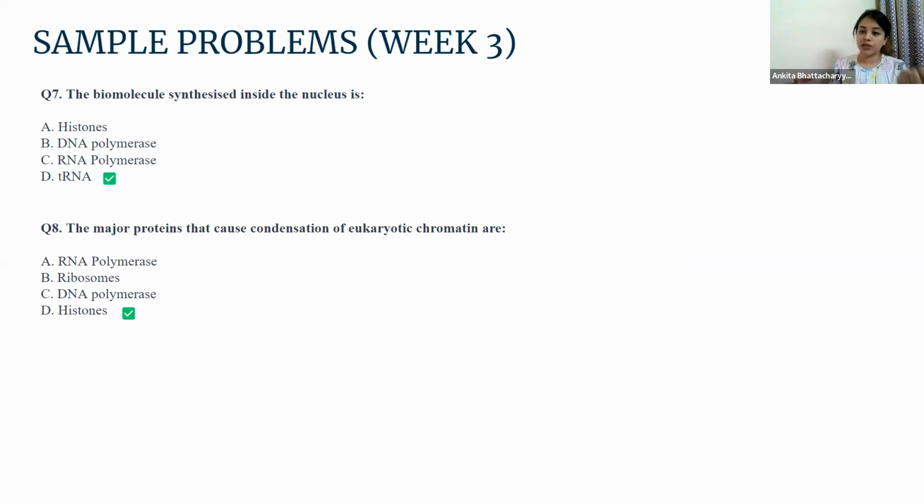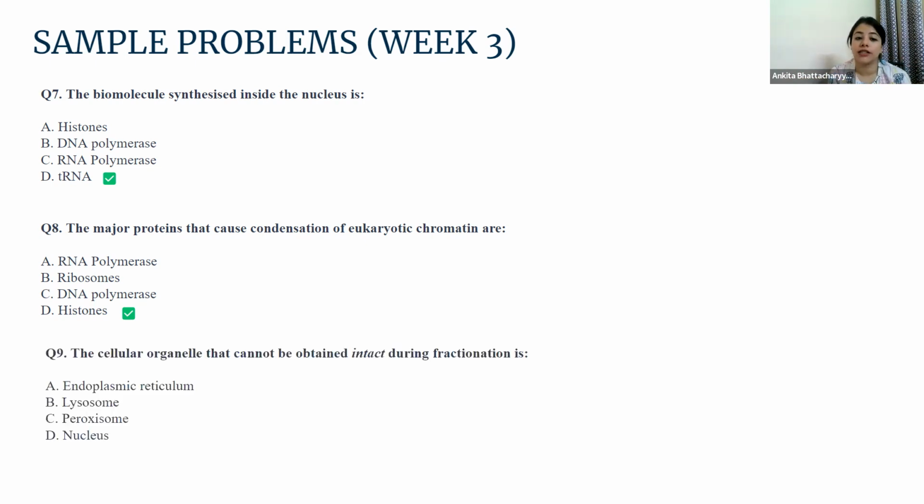The reason this is important is because the eukaryotic chromatin is much, much larger compared to the nucleoid, which we talked about for prokaryotes, where the genetic content of those cells is much lesser. So it does not require this huge condensation process, and it can be accommodated within a small cell. So that was the answer.